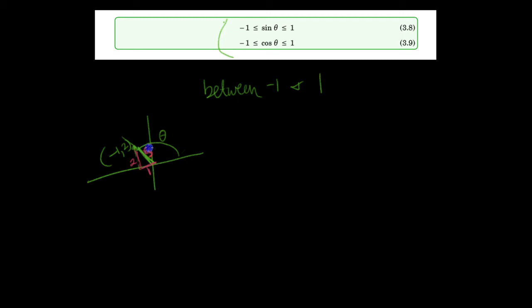It's the square root of 5. I almost said the square root of 3. So remember, x is equal to -1, y is equal to 2, and r, which is the radius, is equal to the square root of 5. So the way I think about this is that the sine of theta is equal to the ratio of 2 over the square root of 5.